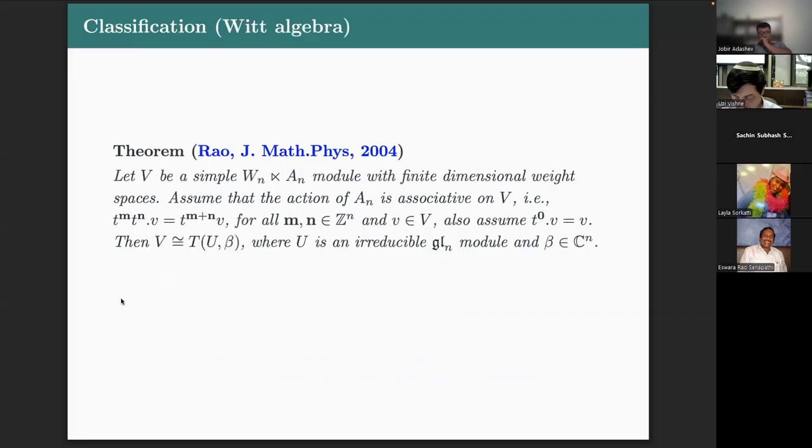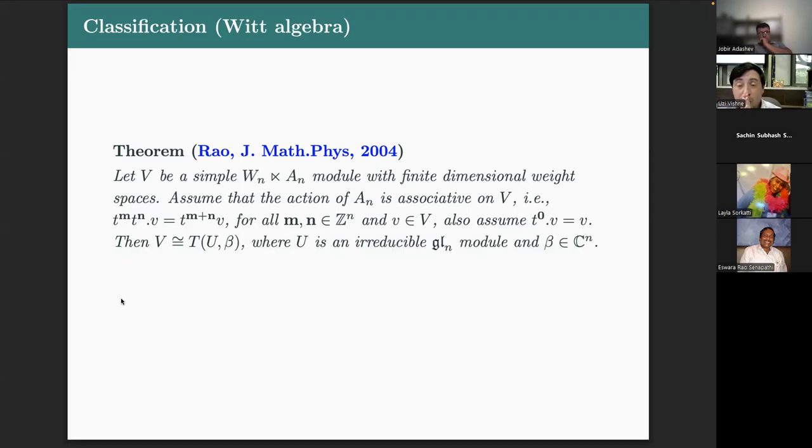Again, Rao made another attempt, as he realized that the zero space is nothing but Wn tensor some Laurent polynomial ring. He considered the Wn semi-direct product An and assumed that the action is associative.